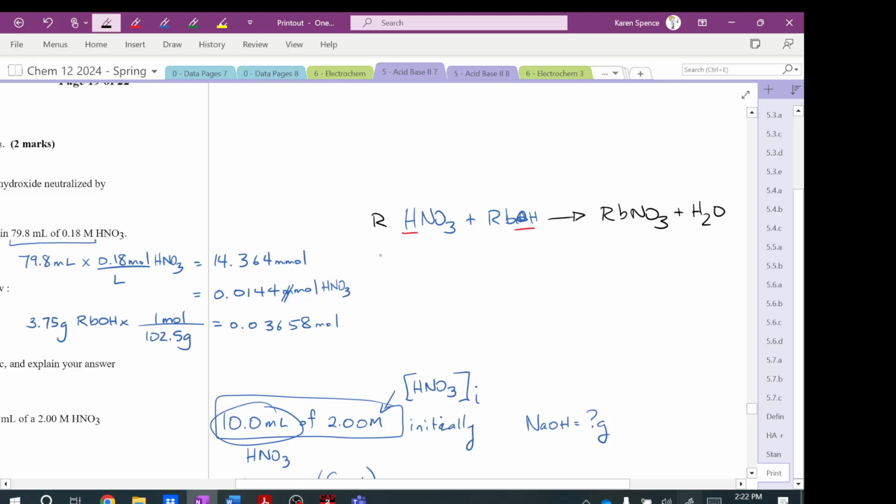And I'm going to do a RICFA table to figure out how many moles I have left over at the end. So I have 0.014364 moles, and I have 0.036585 moles of RbOH, sorry.